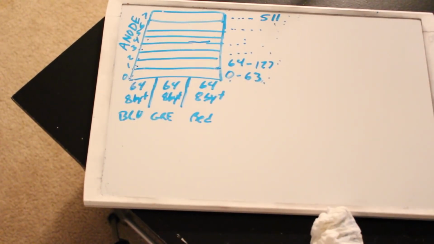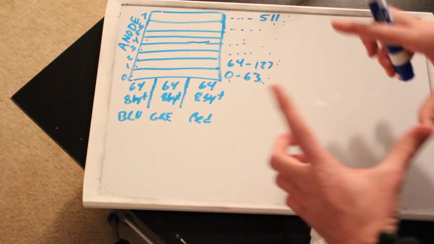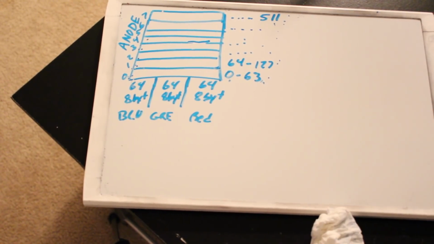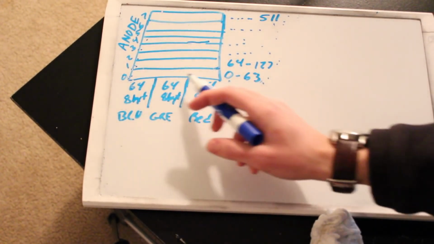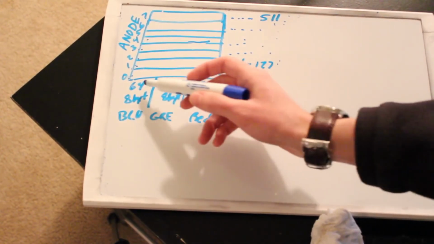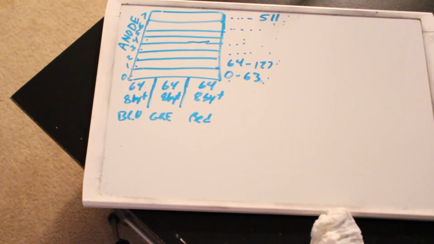So if you look at a cube, if you're looking down on it, you have an 8x8. So you have 64 pins per color coming down for the cathodes. So 64 pins coming down, and that's 192 total. 64 pins is 8 bytes of data.